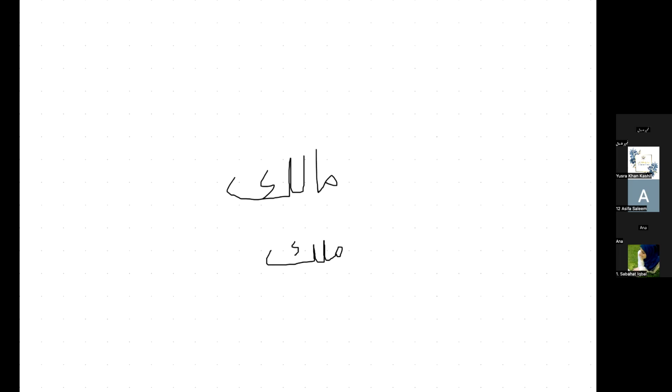This mini alif is added later on. That was not part of the writing of the word. The structure is the mim, lam, and the kaf. These three letters make Maliki or Maliki. But this mini alif was added later on to facilitate the reading of the word in more than one qira'ah. There are other examples as well.